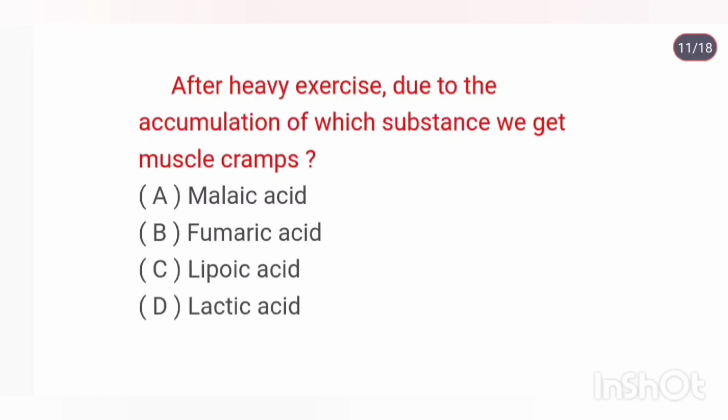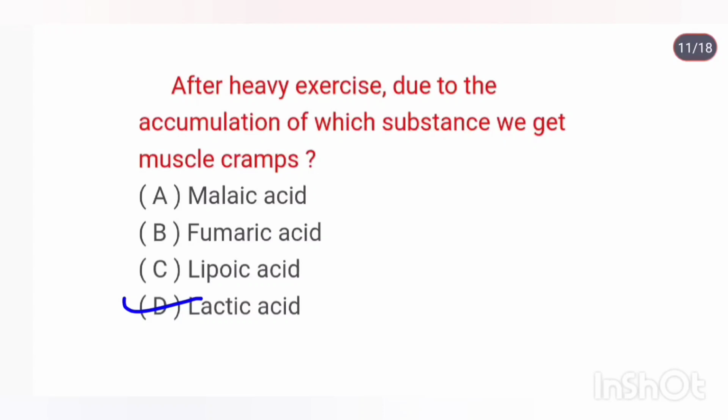After heavy exercise, due to the accumulation of which substance we get muscle cramps? Lactic acid. During heavy exercise, the demand for energy is high, but the supply of oxygen to produce energy is limited.